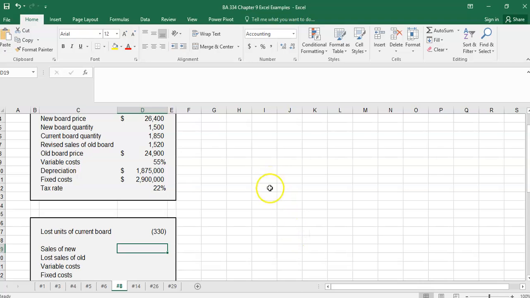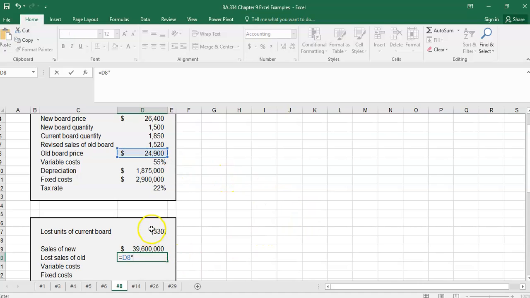We've projected that we're going to sell 1,500 boards times $26,400. We then have our loss of sales from the old boards. We sell our old boards for $24,900 and we're going to lose 330 of them. So we have lost sales of $8,217,000.